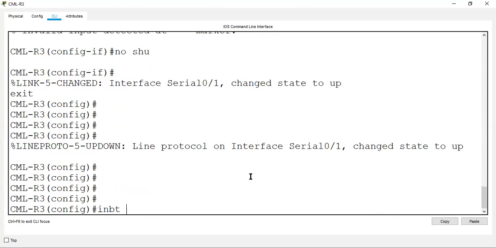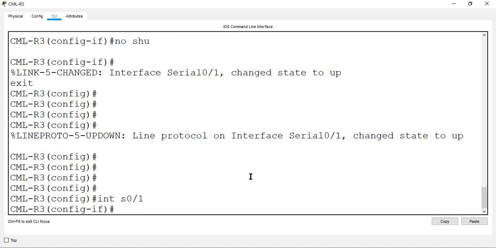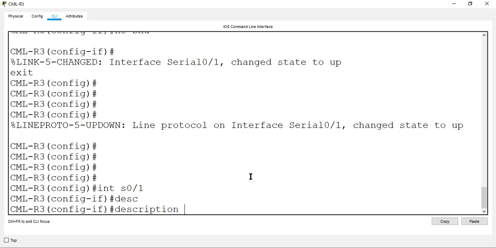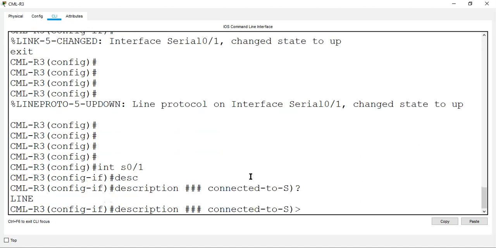Now, interface S01. Oh, we can put the description as well. Description: connected to S0 of CML R2.